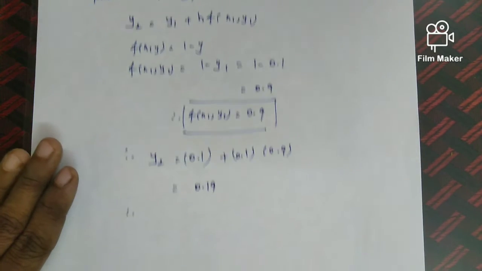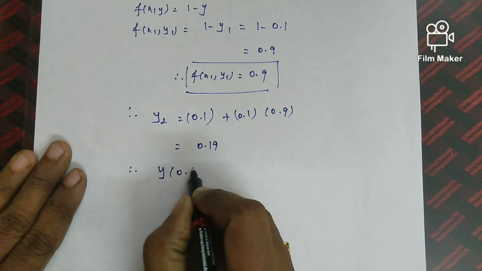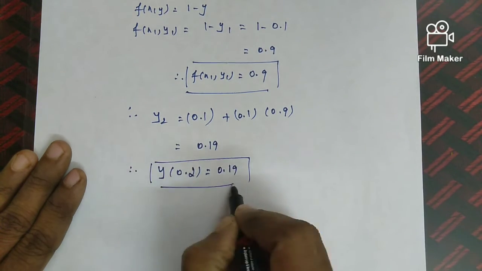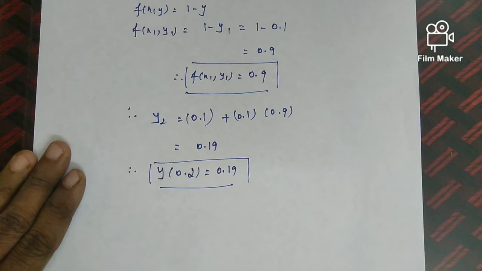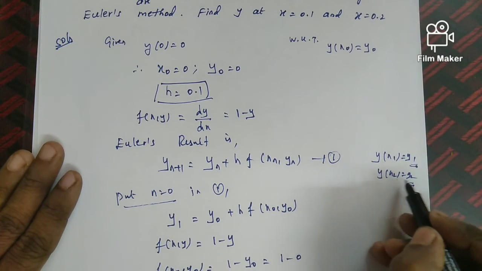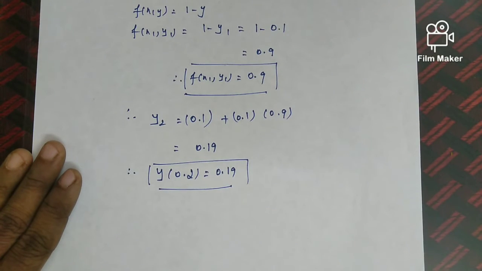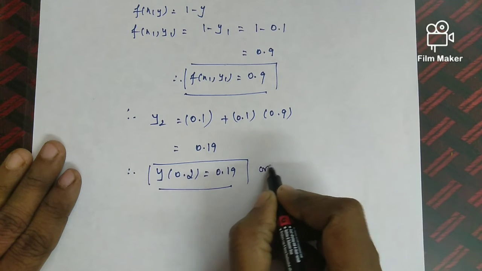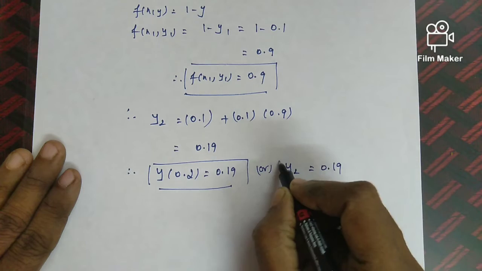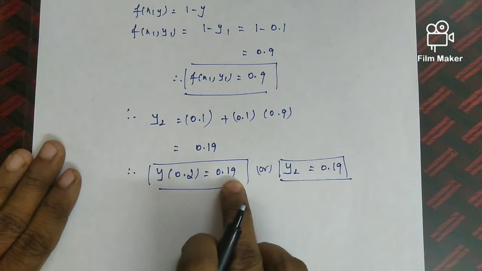Therefore, how are we supposed to write our solution? y of 0.2 equal to 0.19. It's understood that y of 0.2 is nothing but y of x2 equal to y2. Instead of writing y of 0.2, you can write y2 equal to 0.19. It's understood that y2 means y at the point x2, the answer is 0.19.